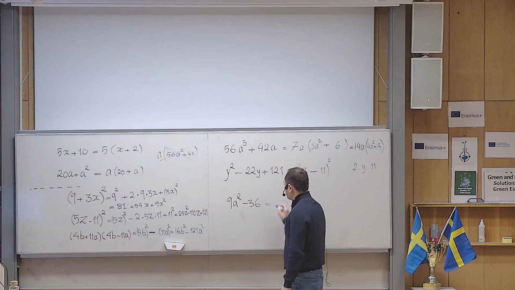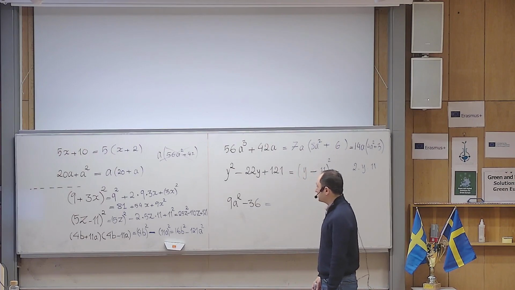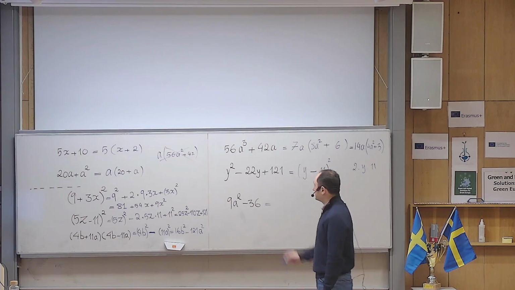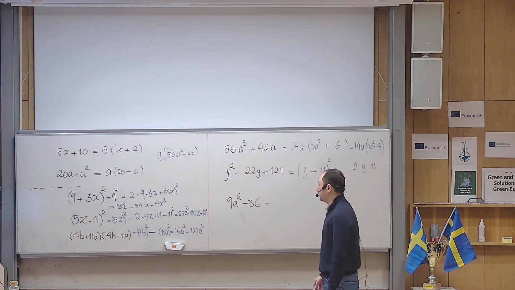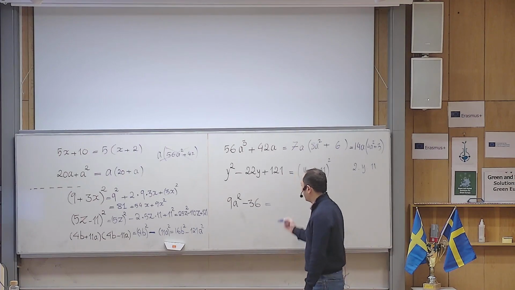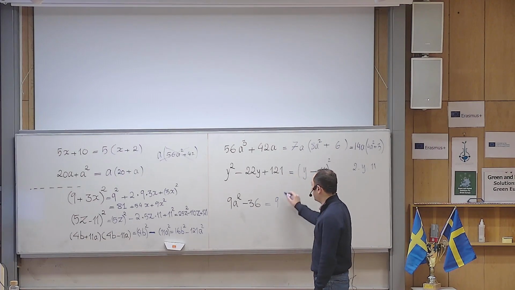The next one is a good problem because I have already told you that the method you learned in Math 1C has priority over this method and the conjugate method. So you see that I can pull 9 out. So this is always the first step. So pull 9 out.